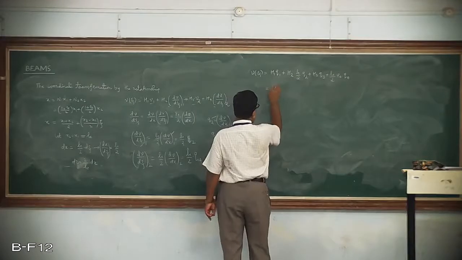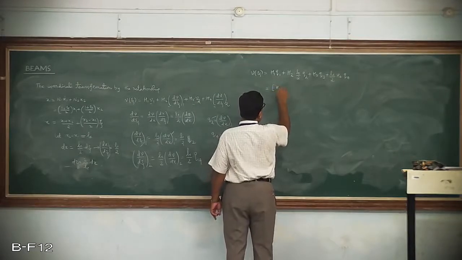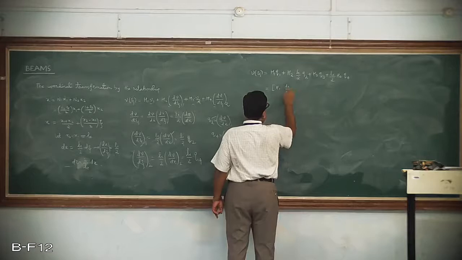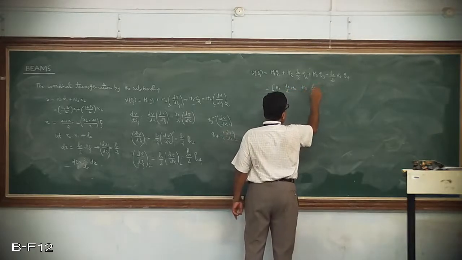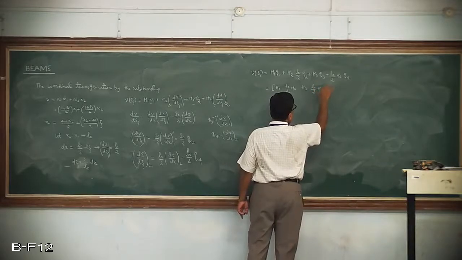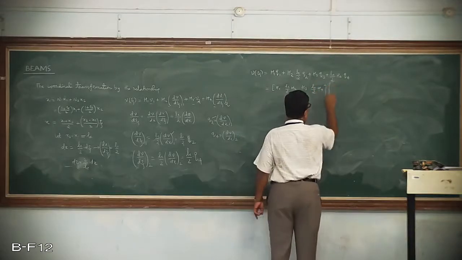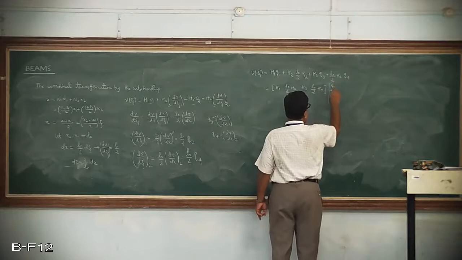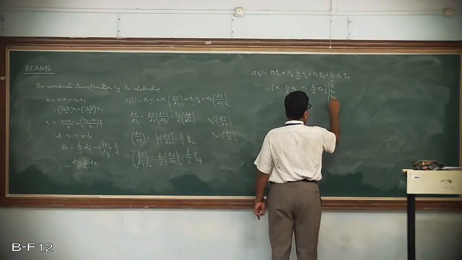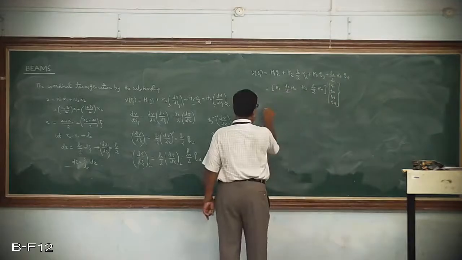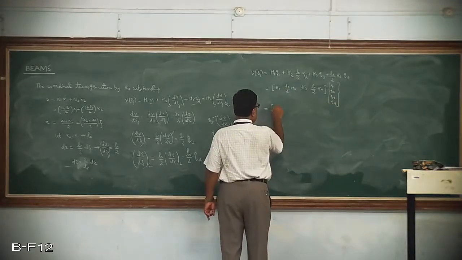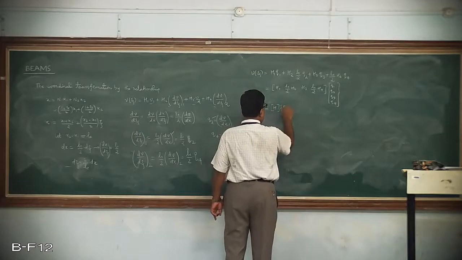Therefore, if you write this as H1, Le by 2 H2, H3, Le by 2 H4, and Q1, Q2, Q3 and Q4, this is nothing but H into Q.